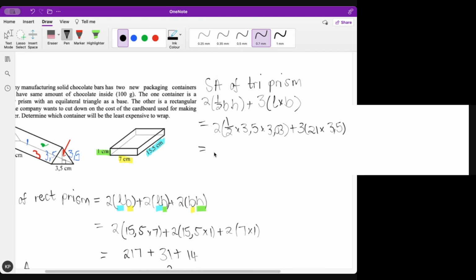Again, I'm going to do it in little pieces because you know I have trust issues, right? 2 times 3,03. So the first part of this, I got 5,3025 plus 21 times 3,5 times 3. I got 220,5. Maybe I made a mistake.